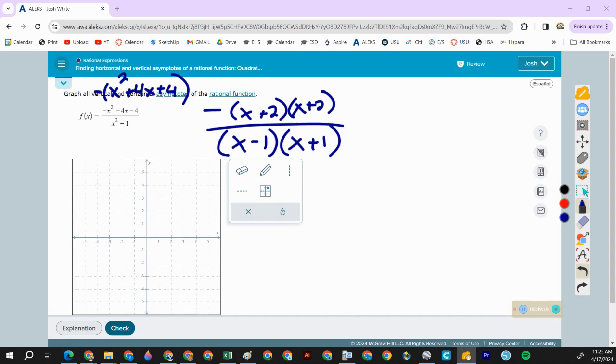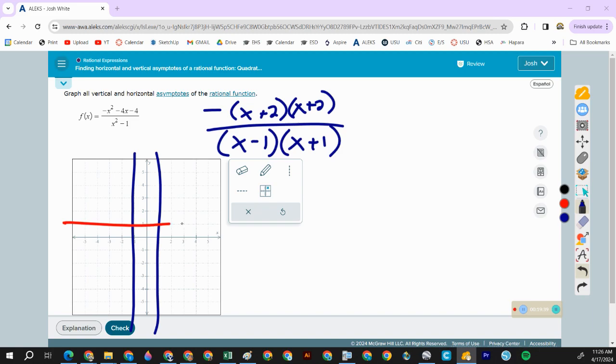So what are the asymptotes? We have one at -1 and we have one at 1. What about HAs? Where is the HA? -1. Right? So the HA is at -1. And now let's just go through and graph this because it's good practice.